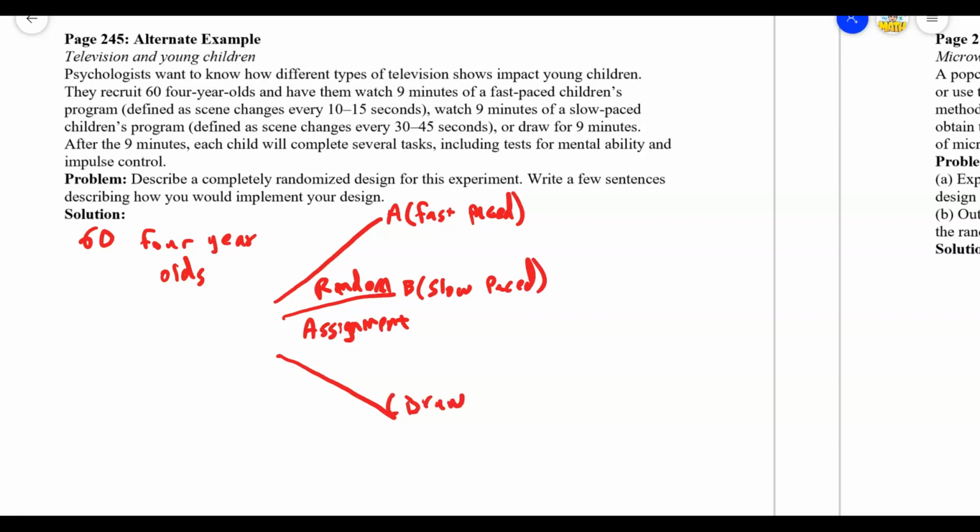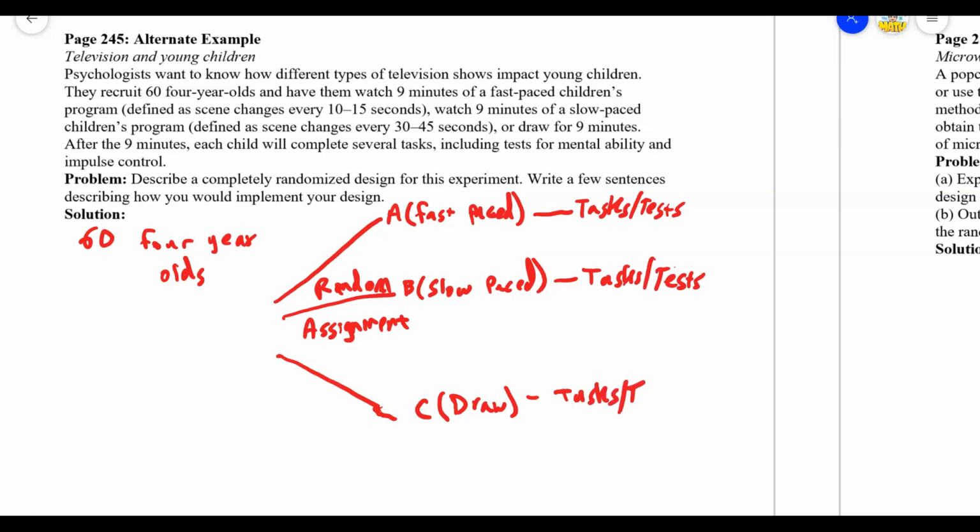We can call that group C if we want. Okay, and then what are we going to do? We're going to do our tasks and tests. And they all take the same tasks and tests.